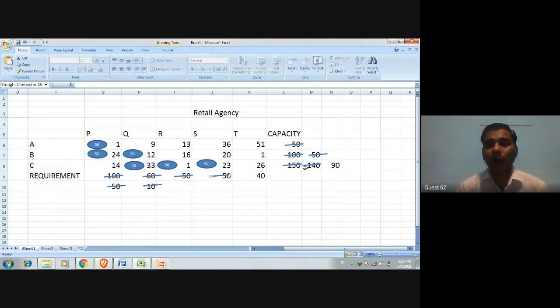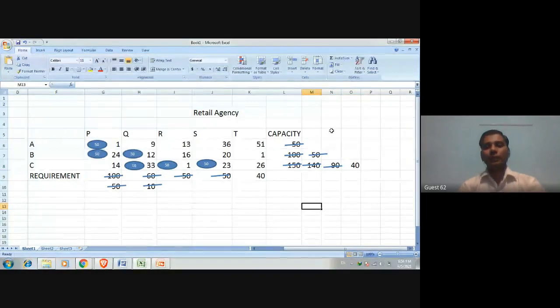Now, how many units are left with warehouse C? After giving 50 units, the warehouse C has 40 units. So we will cross 90, and after crossing the 90, 40 units will be left. So C has now 40 units.